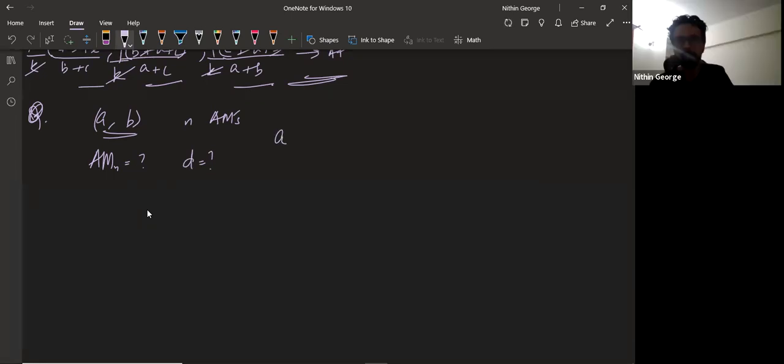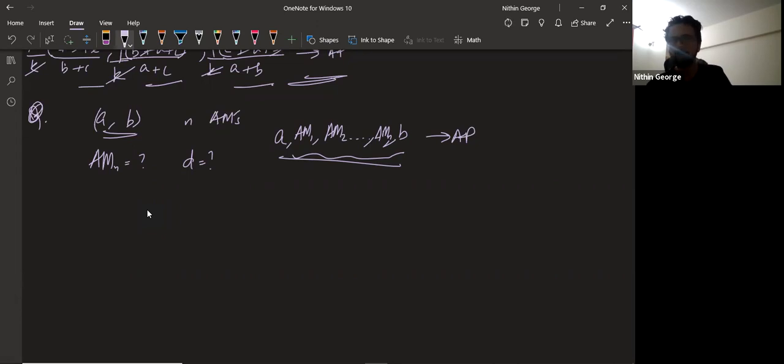So the idea is a, b will be there, and you're inserting n arithmetic means in between: AM1, AM2, all the way up till AMn. So these many terms will be in AP. You have two terms given to you, a and b. You insert n arithmetic means between them.